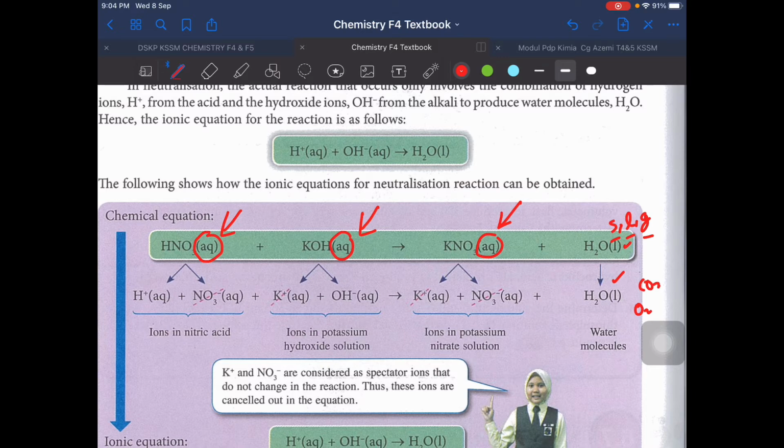So if the state is solid, liquid or gas, leave it. You only separate the aqueous ones into ions.